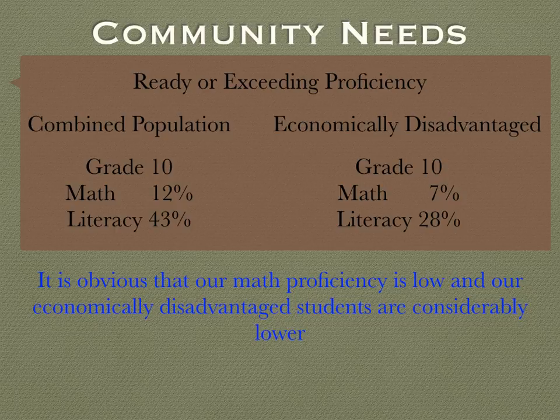We had an increase of 28% on the literacy, but if you compare the combined population to the economically disadvantaged, you see that the economically disadvantaged is considerably lower. It's obvious that our math proficiency is lower than our literacy. However, both are still not where we want them to be.